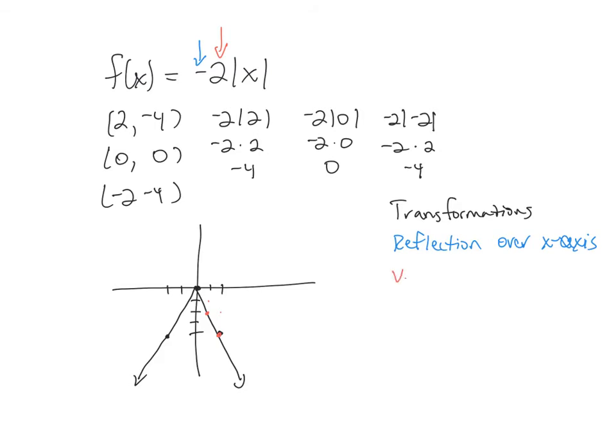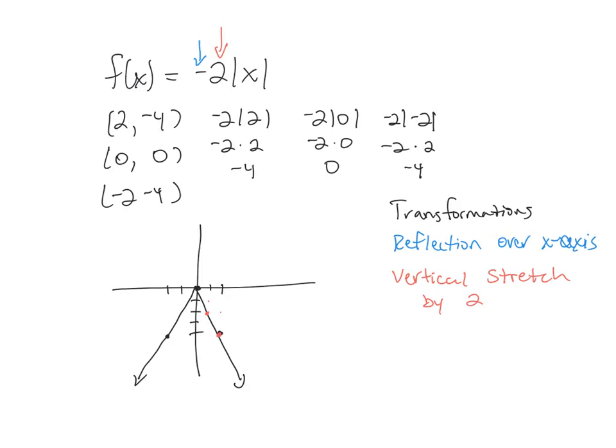Okay, so if you go back to yesterday, a number in the front that's being multiplied meant a vertical stretch by 2. Because it's stretching out, it's getting farther. Like if you stretch a rubber band, it gets longer.